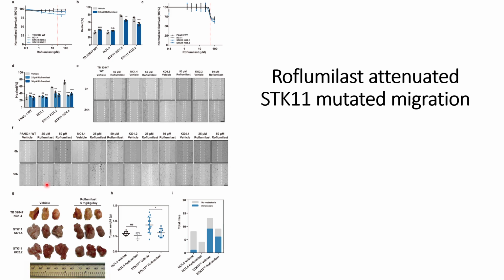After validating that Roflumilast attenuated the STK11 mutated migrations, that is, after validating that in both the pancreatic cancer cells and TB32047 the migrations caused by the STK11 knockout are attenuated, they did the same experiment on mice.